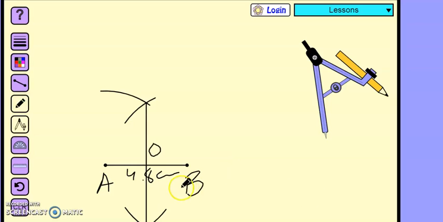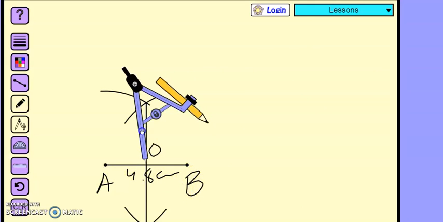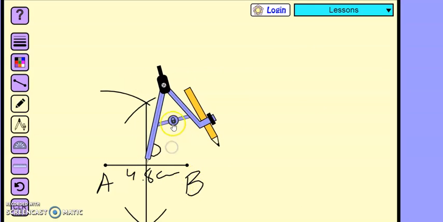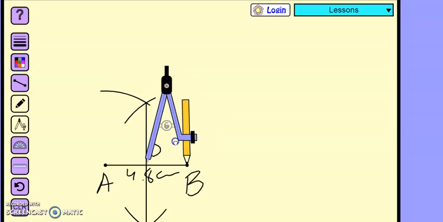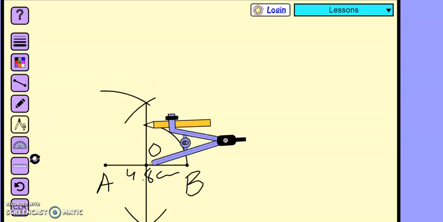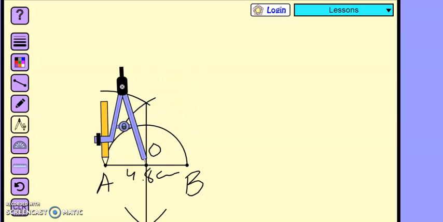Now you will draw a semicircle of radius OA or OB. So you will place your compass needle at point O and open your compass of radius OA or OB. Draw a semicircle like this. Okay, this is your semicircle.